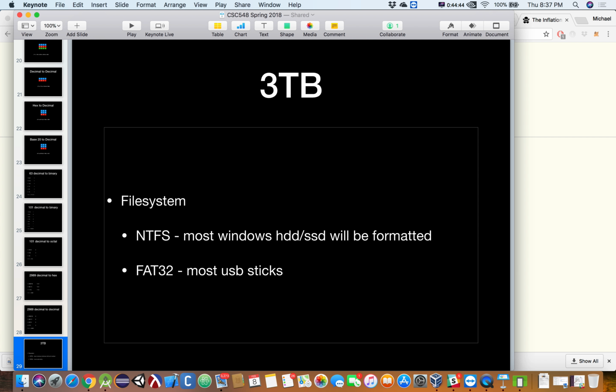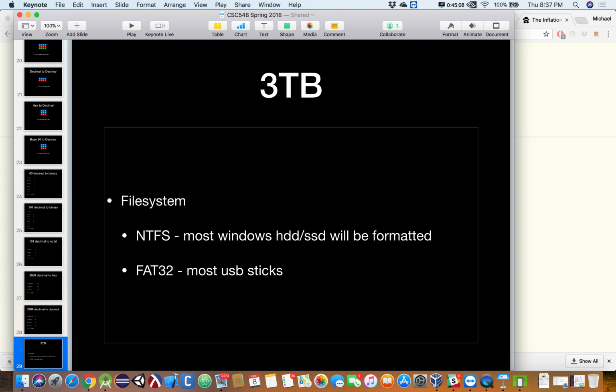Let's say you have at least an 8 gigabyte jump drive. How many of you have ever tried to store a single 5 gigabyte file on that jump drive, or larger than 4 gigabytes but smaller than 8 gigabytes? Anybody ever tried to put a really large file like that onto a jump drive?